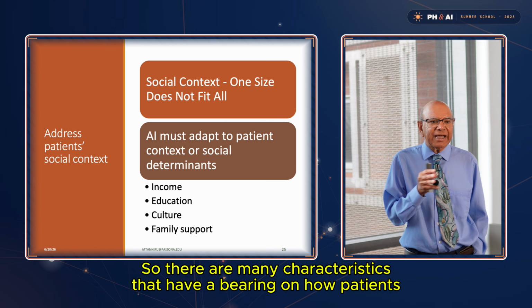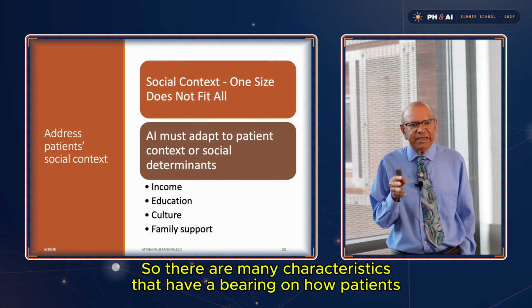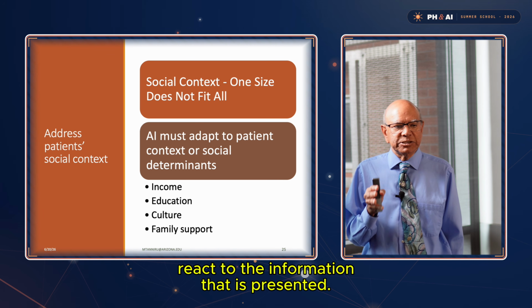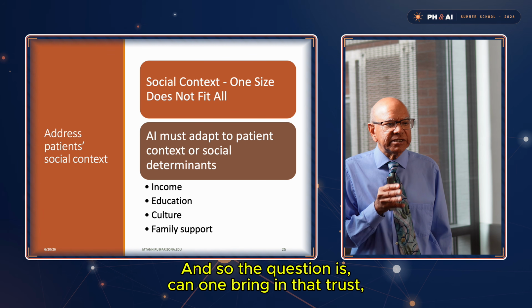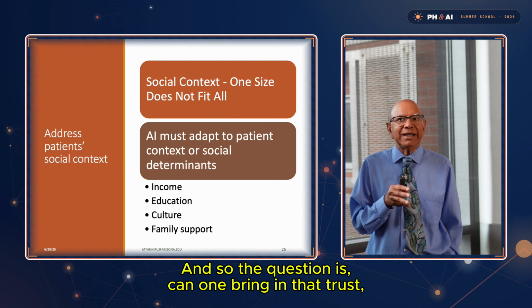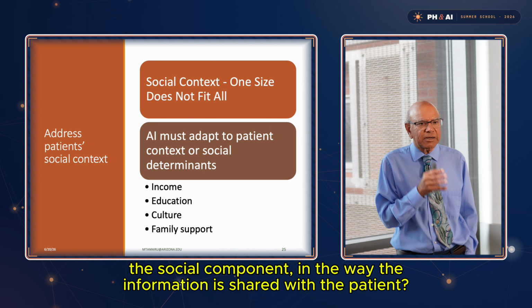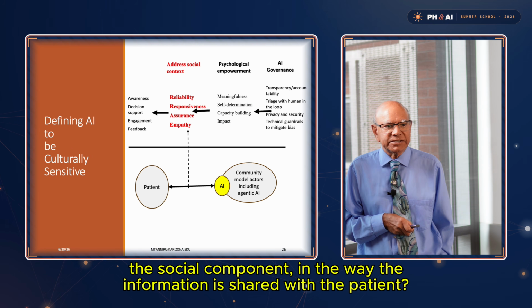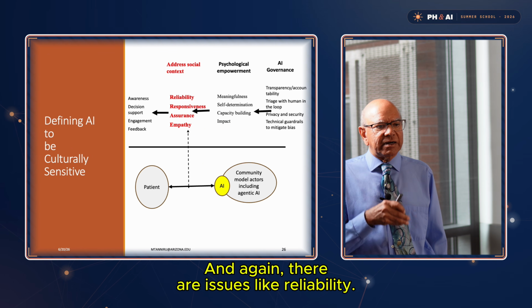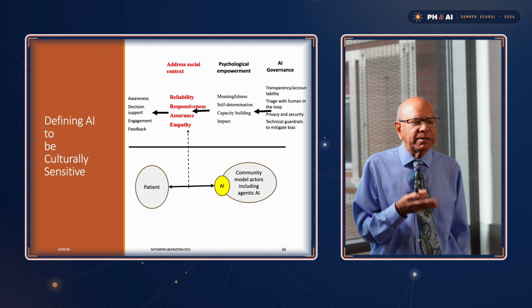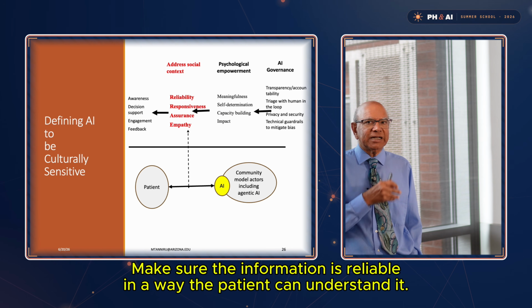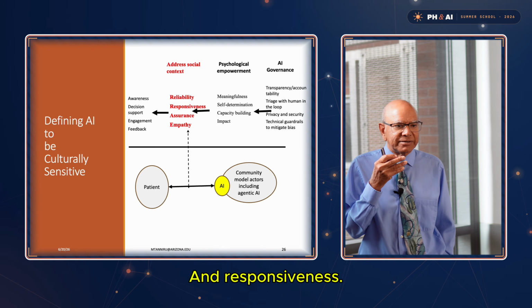So there are many characteristics that have a bearing on how patients react to the information that is presented. And so the question is, can one bring in that trust, the social component, in the way the information is shared with the patient? And again, there are issues like reliability. Make sure the information is reliable in a way that the patient can understand it. And responsiveness.